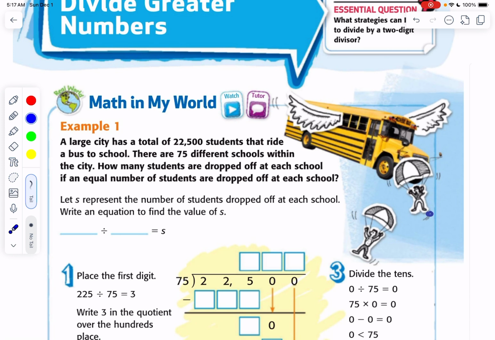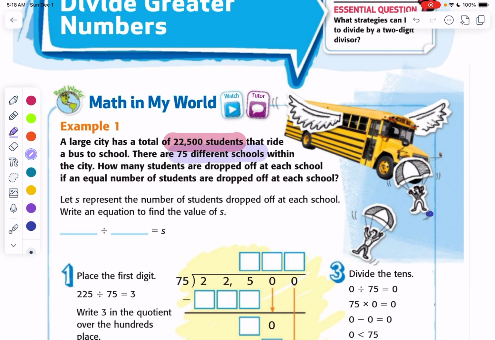In example 1, a large city has a total of 22,500 students that ride the school bus. There are 75 different schools within the city. How many students are dropped off at each school if an equal number of students are dropped off at each school? Okay, so here are our key numbers right here: 22,500 students and 75 different schools.